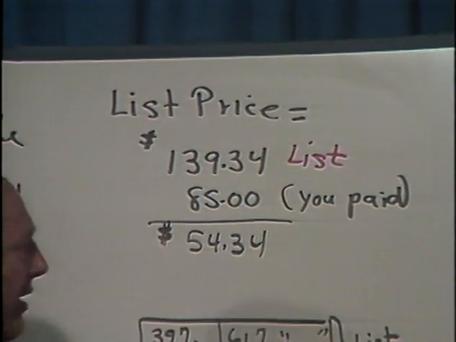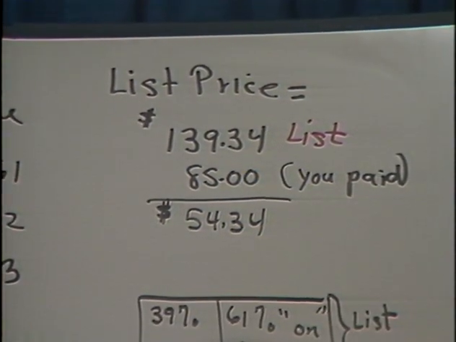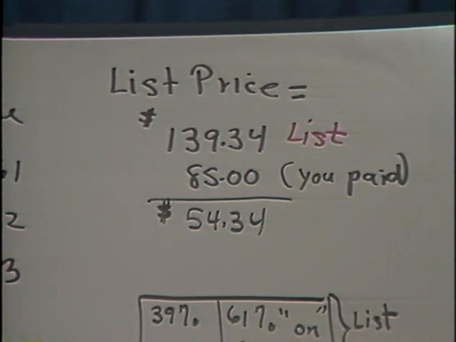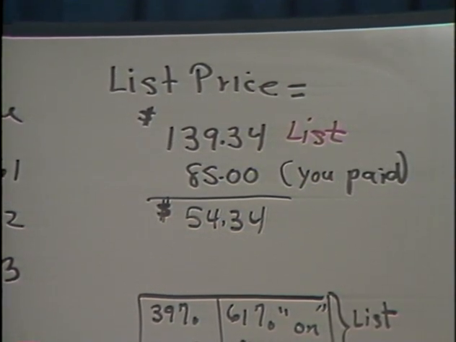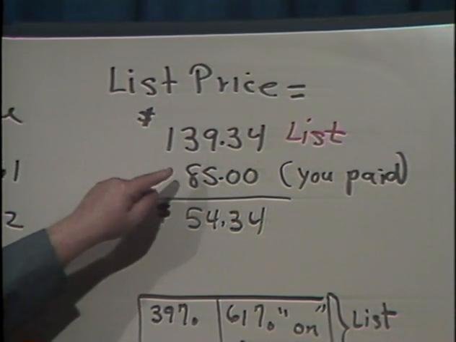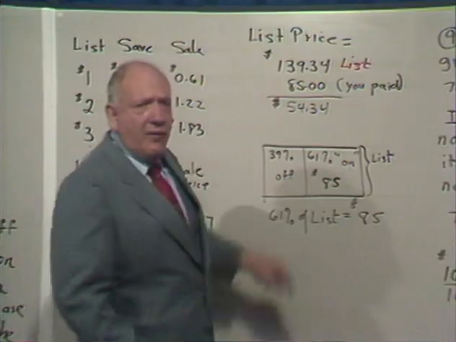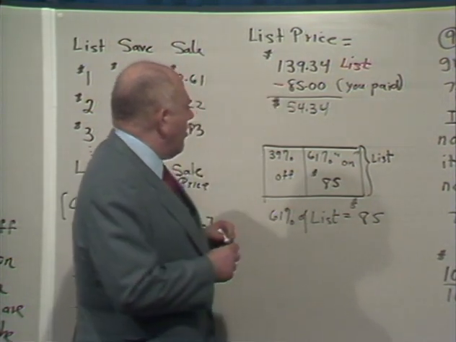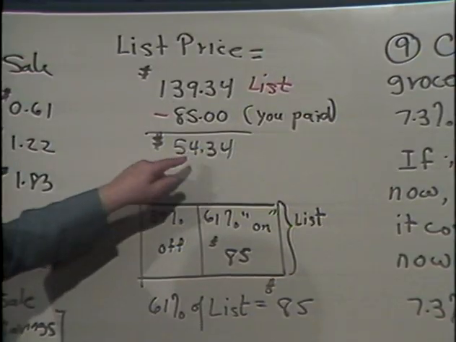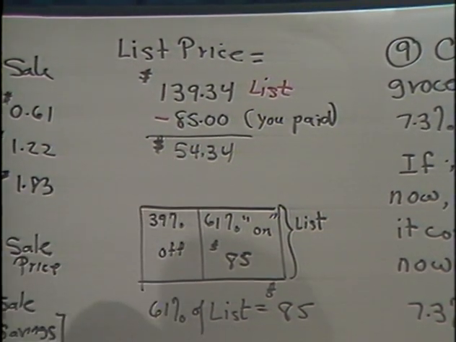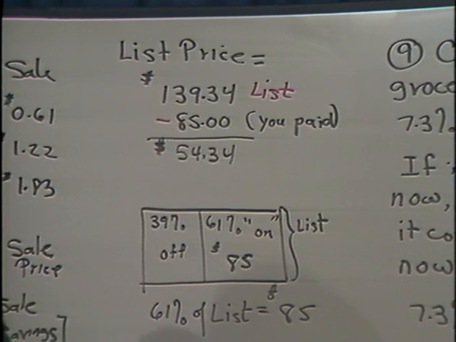That would be great, except that's not the problem. The problem didn't ask me what the list price was. The problem said, how much did you save? Well, if the list price was $139.34 and I paid $85, the difference must be what I saved. So I simply subtract this, which, by the way, is a very easy subtraction problem even without the calculator, and I find out that what I saved was $54.34.